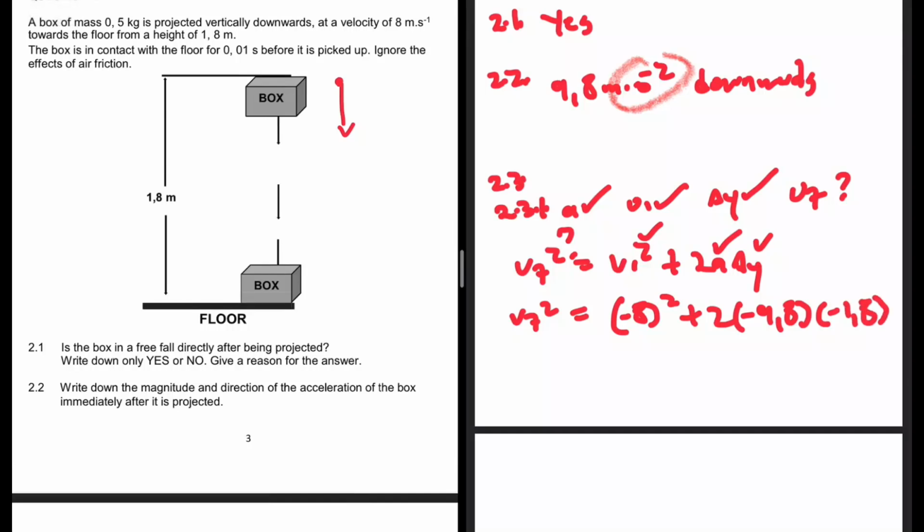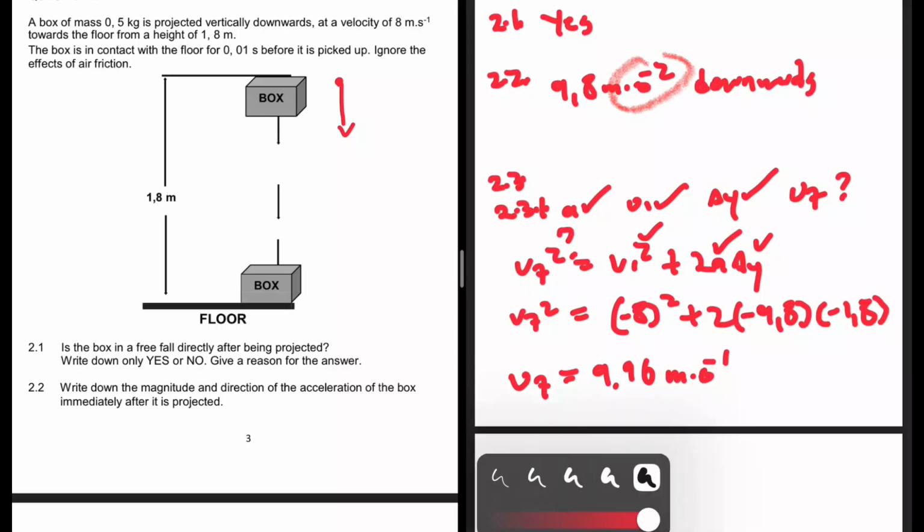The object is going downwards, the acceleration is downwards, the displacement is downwards, and I'm taking up as positive. Obviously we put that in our calculators and take square roots on both sides. We're going to have VF equals 9.96 meters per second. Right, so the final velocity is 9.96 meters per second.